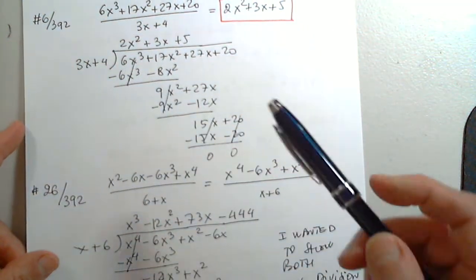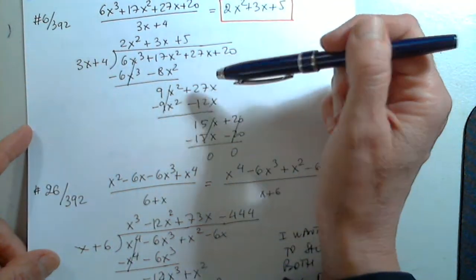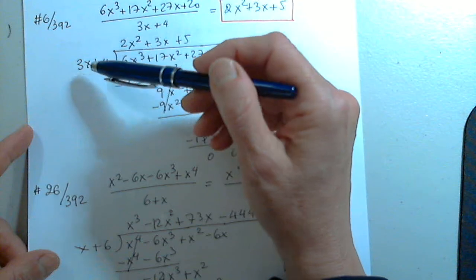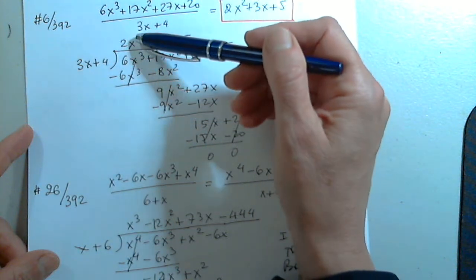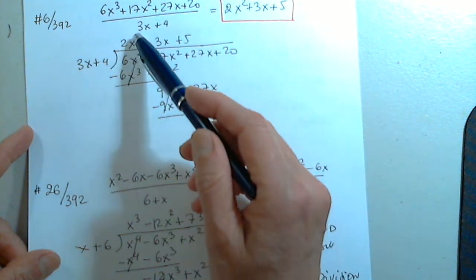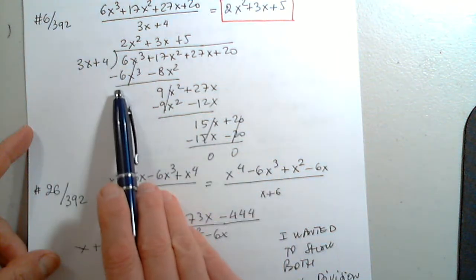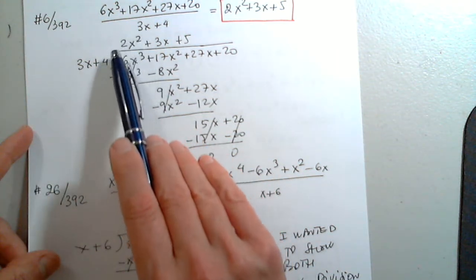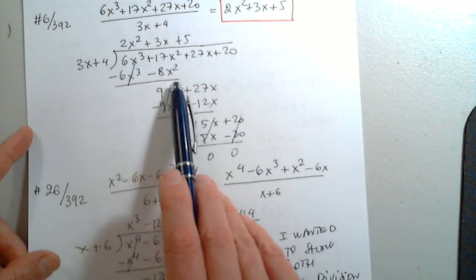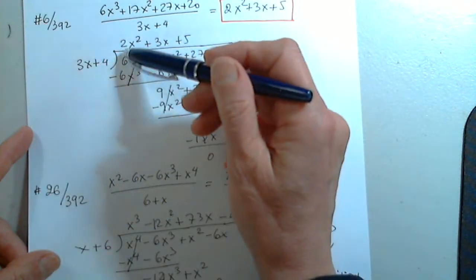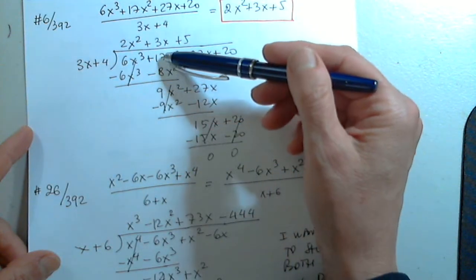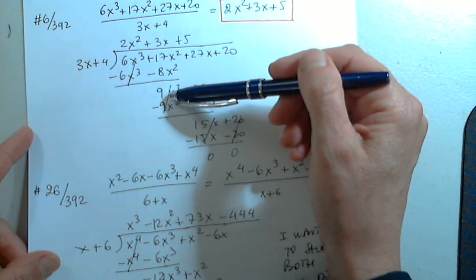Well, there was no missing term, so 3x times y is 6x cubed. That's positive 2x squared. We multiply these two, we have to change the sign. We distribute here, we have to change the sign. -4x squared. So combine like terms. So 17 minus 8 is 9x squared.